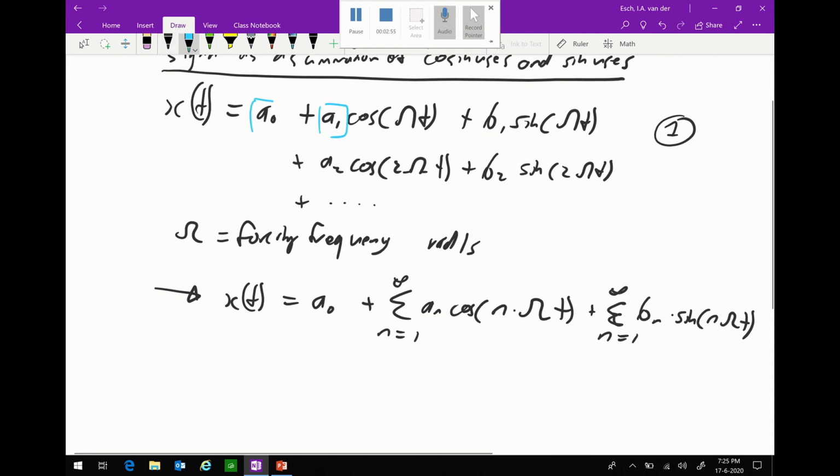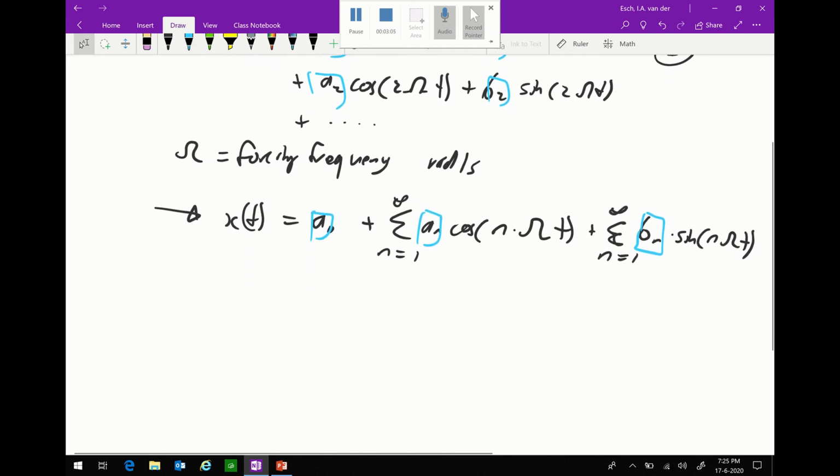More in general, these terms are called the Fourier coefficients, or Fourier expansion coefficients. Let's just write an and bn are coefficients.